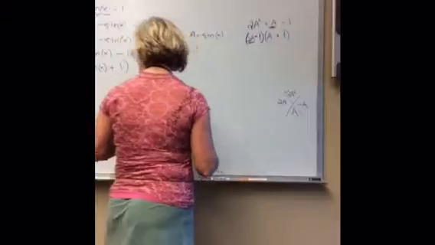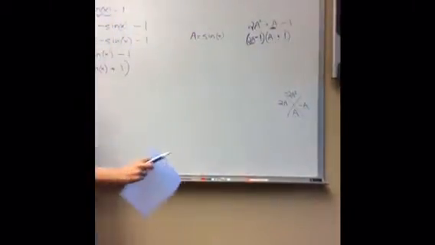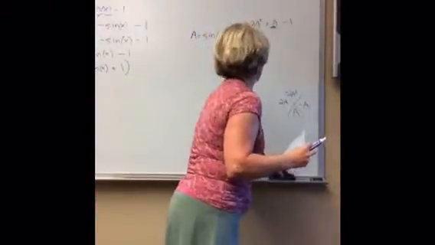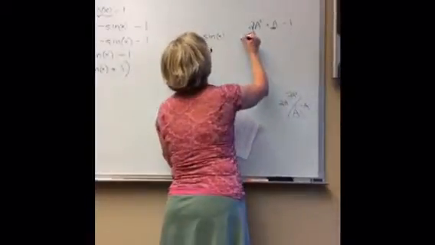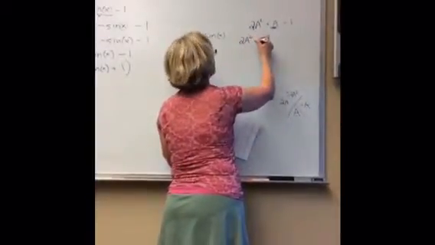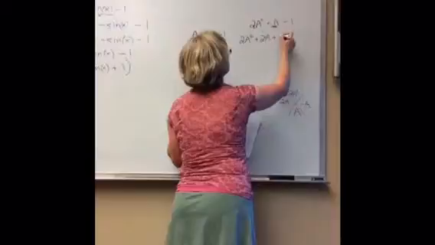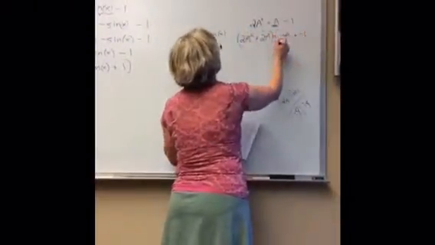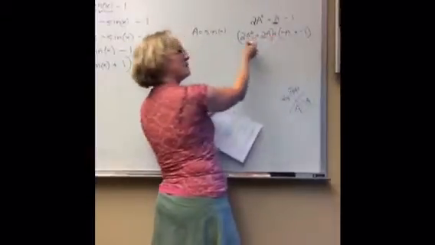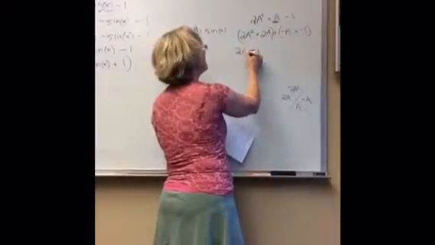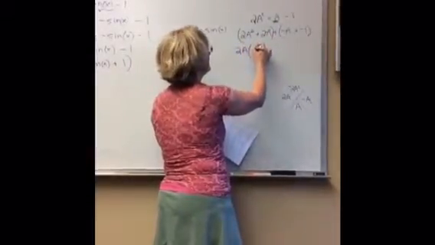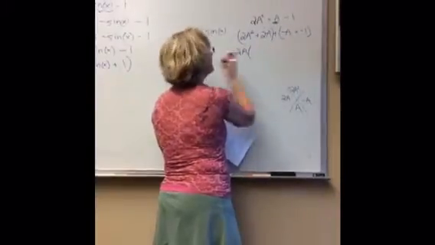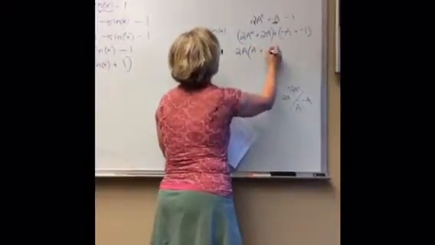Okay, so I got 2a squared plus 2a plus negative a plus negative 1. Then we factor by grouping, so we factor out a 2a. I kind of skipped that step. So I guess, okay, so a plus 1.